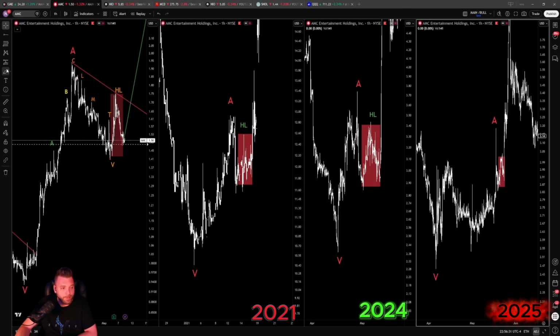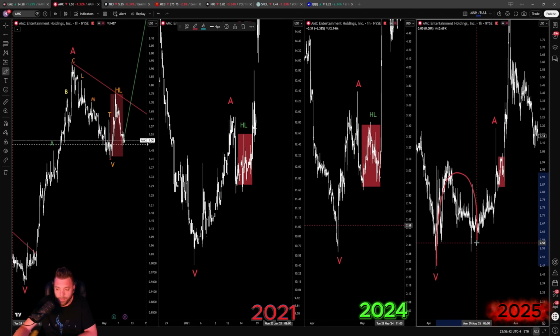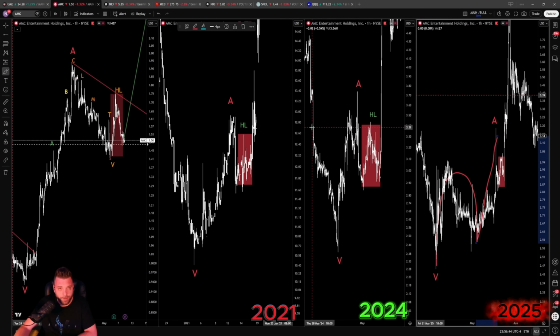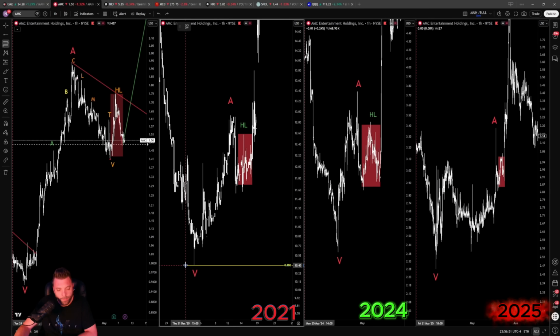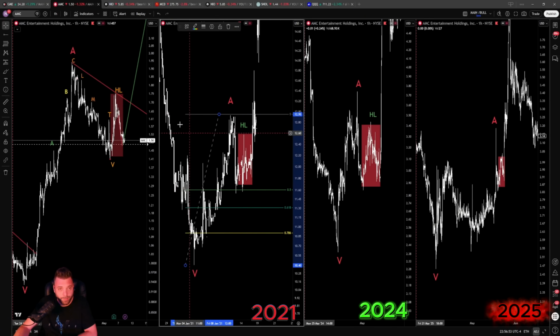Yeah? In 2021, we did a V, a little higher low, ran up to A. In 2024, we did a V, just ran up to A, pullback. In 2025, we did a big higher low and then ran up to A. The difference between these charts is the up move, and in 2021, we did a 0.5 pullback.